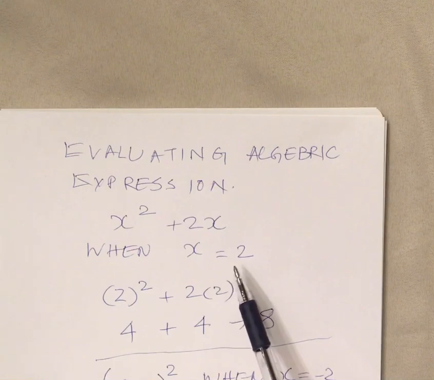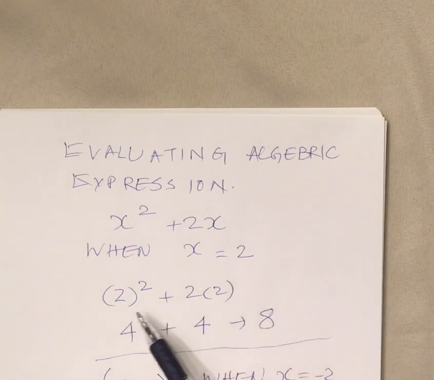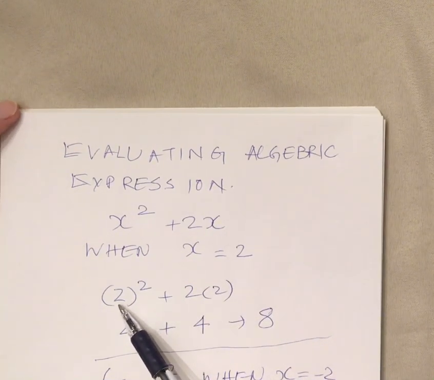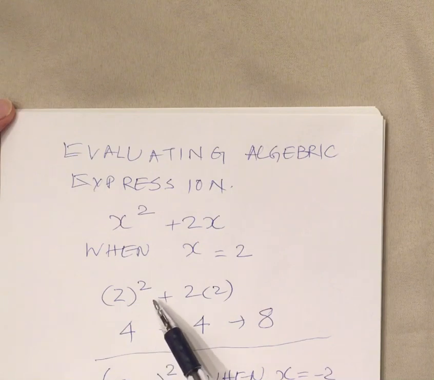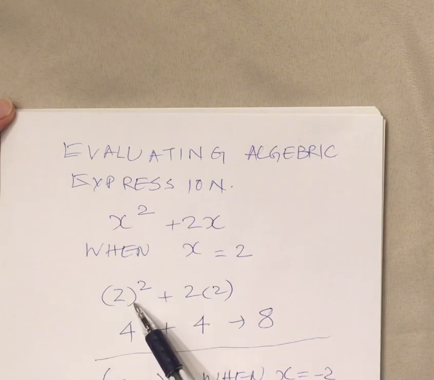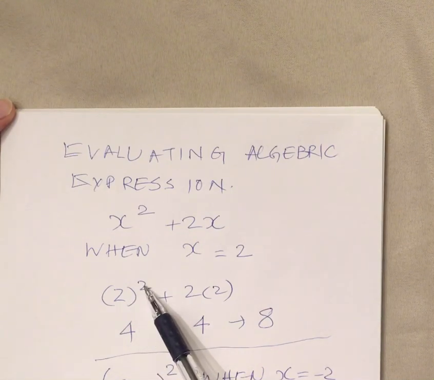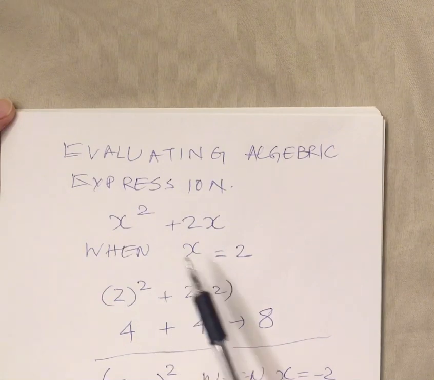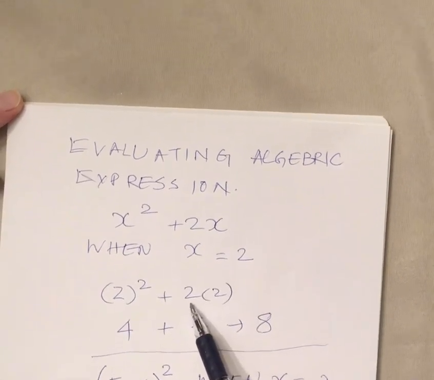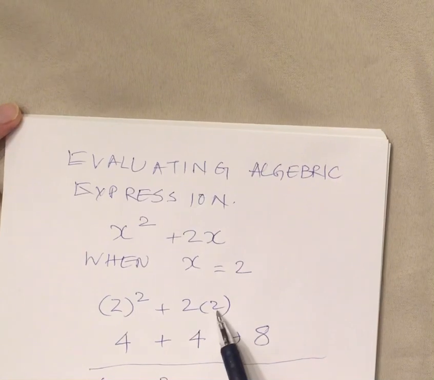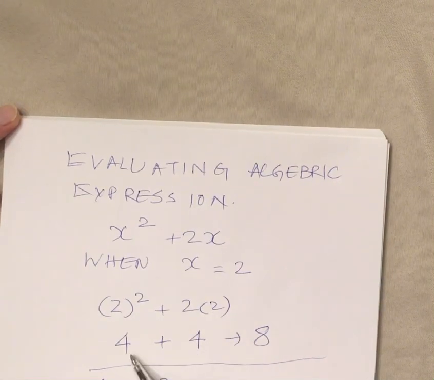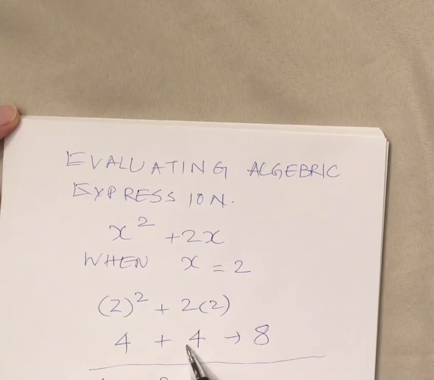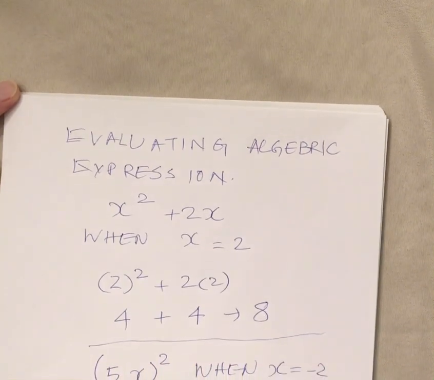We write down 2 in parentheses squared because it is x squared. Then we have plus 2 times 2, which is 4. So finally we have 4 plus 4, which is equal to 8.